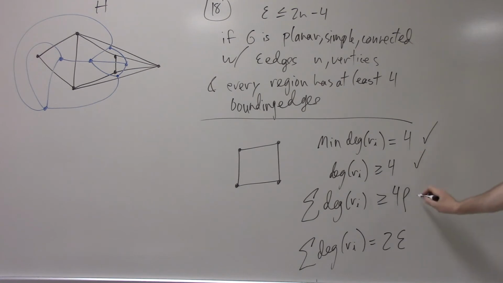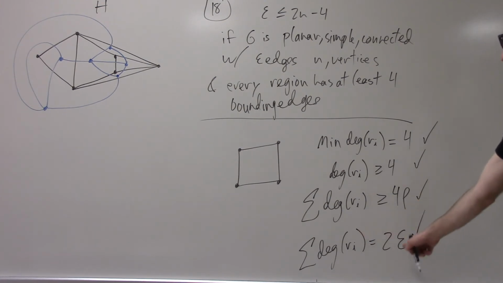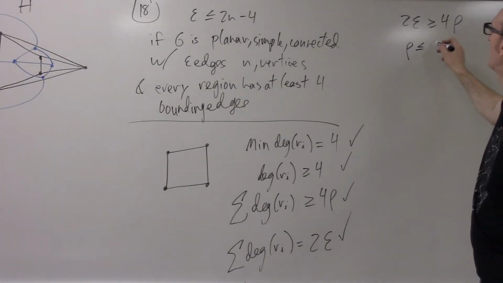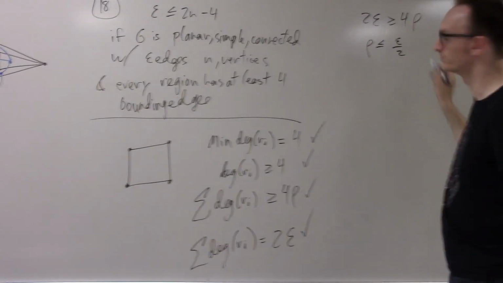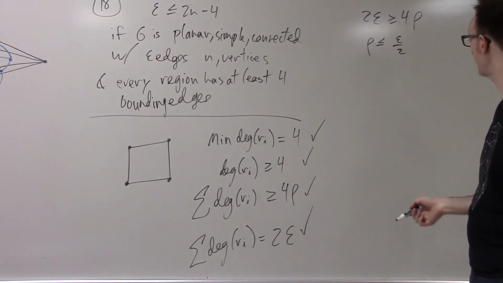So since that's true, the sum of the degrees of the regions is greater than or equal to 4 times the number of regions. Also, by handshake, the sum of the degrees of the regions is 2 epsilon. So that tells me that 2 epsilon is greater than or equal to 4 rho, yeah? And therefore, rho is less than or equal to epsilon over 2. This should ring a bell. This is almost the exact logic we went through for that other problem.